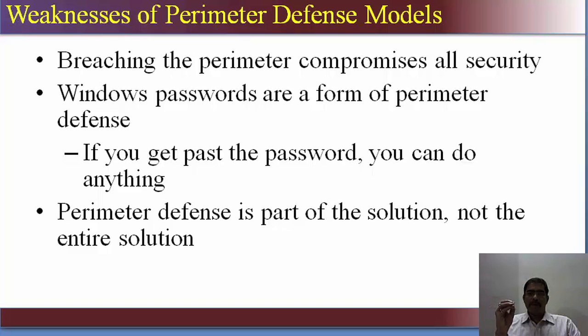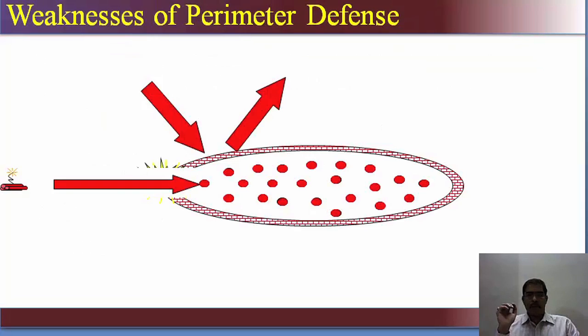But once you get access to the password and log into the system, then you can do anything. So perimeter defense is a part of the solution. It is not the entire solution in itself. This slide indicates that precisely. Now your perimeter is there, there are several nodes inside.